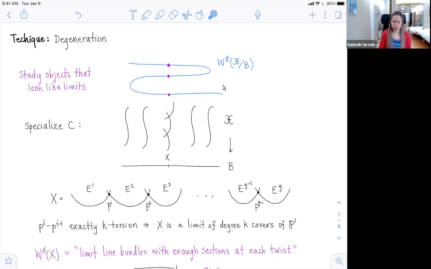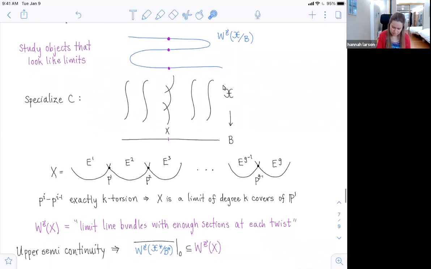I'm not going to say precisely what that means, but it's just all of the things that do not violate upper semi-continuity of h^0. So that we get this containment that the limits of line bundles whose pushforward has a certain splitting type are always contained within W^E(X).